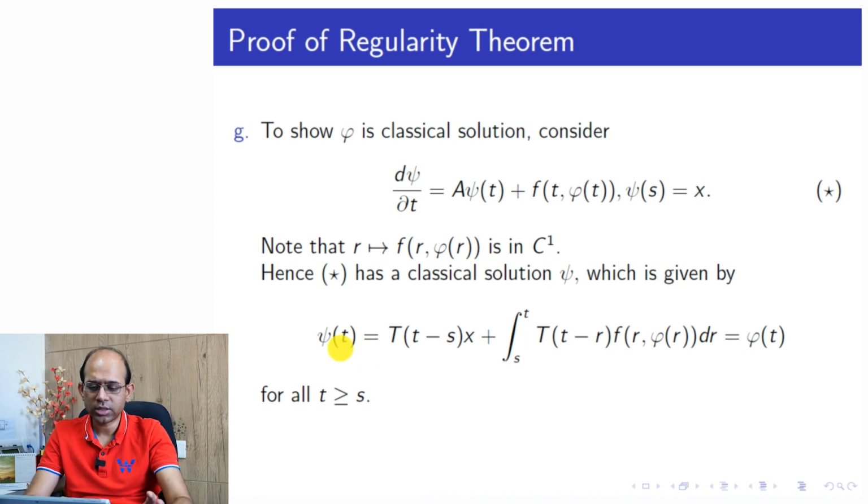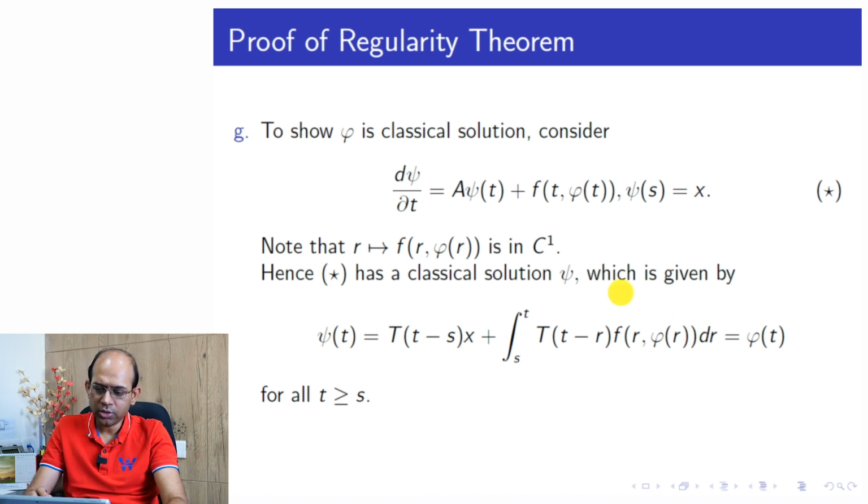So psi is given as psi t is equal to the semigroup generated by the operator A, T of t minus s, x, plus the integral from s to t of T of t minus r, and then this additive term f of r comma phi r dr. Remember, this phi is kept intact there. So psi is equal to this thing.